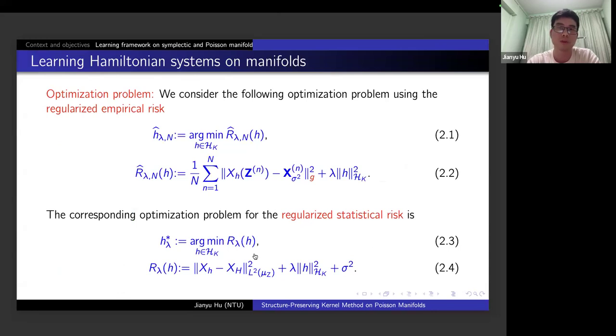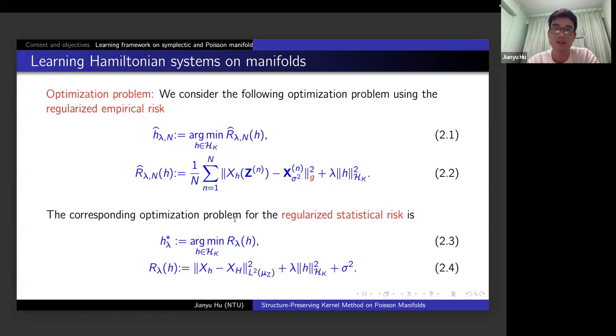To make the problem explicit, we consider the following optimization problem. That is, we search for the optimal function within the entire RKHS with respect to the empirical risk functional. Here lambda is called the regularization term. We also consider its statistical version.